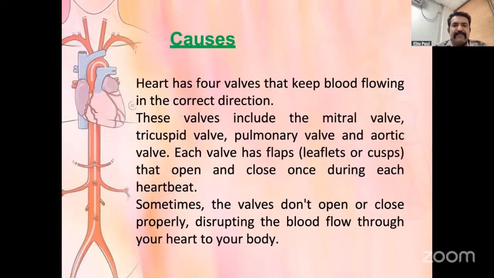The heart has four valves that keep blood flowing in the correct direction. These valves are the mitral valve, tricuspid, pulmonary, and aortic valve. Each valve has flaps, meaning leaflets or cusps, that open and close once during each heartbeat. Sometimes the valve does not open or close properly, disrupting the blood flow through the heart to your body.